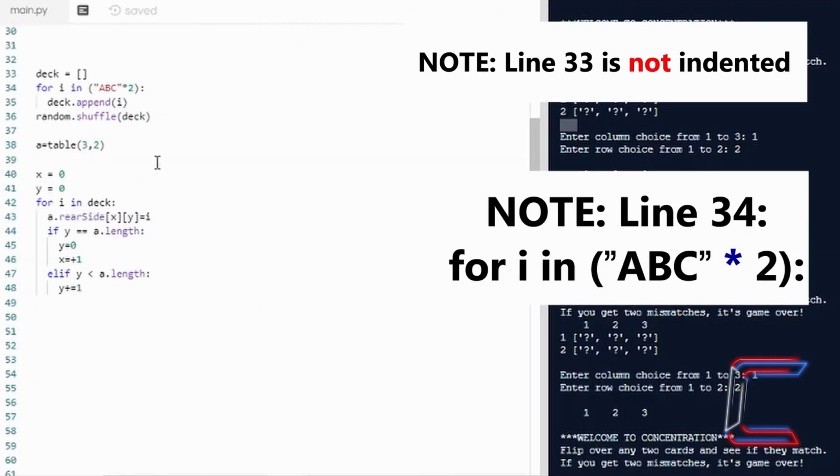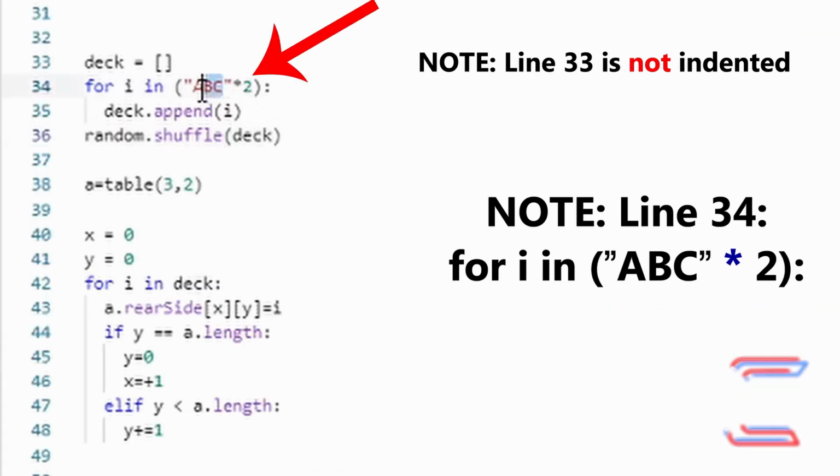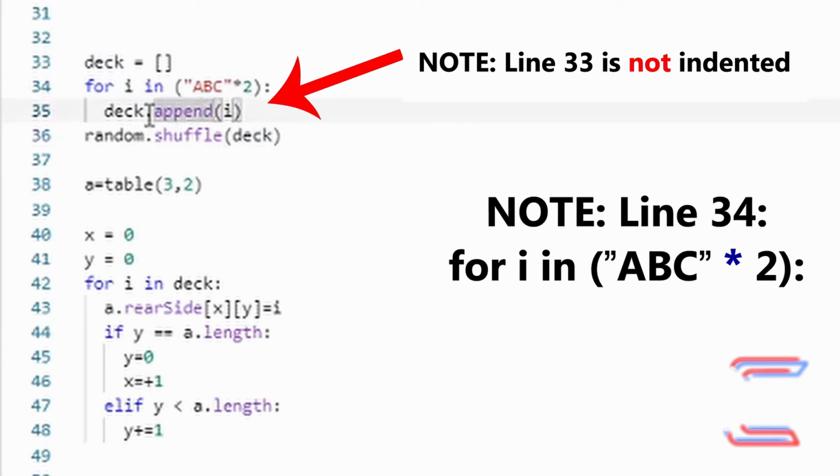If I scroll down to my next instructions here, what needs to happen in order for the cards to be slotted in random locations on this table is that the deck needs to be created. In this particular game, since we have 6 slots altogether, there will be 3 matches in total. Therefore, I'm going to use 3 letters and times this by 2, so that I have 6 cards altogether. Each card will be appended to a variable called deck.